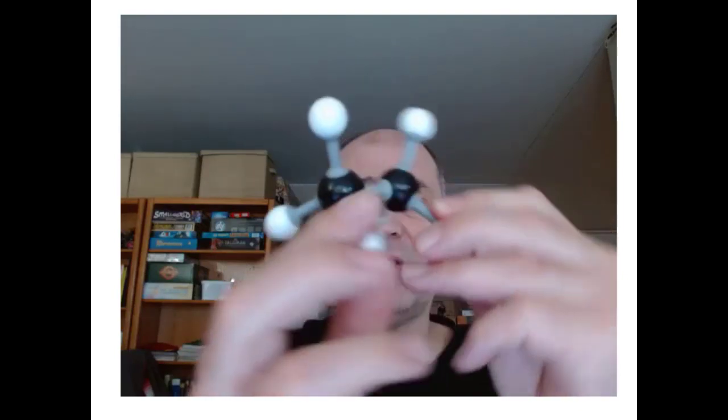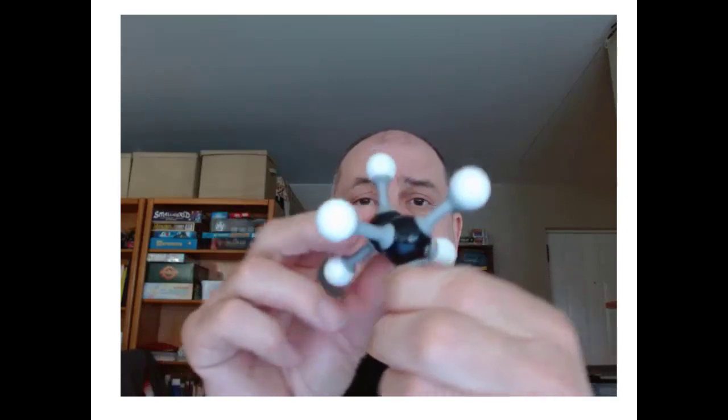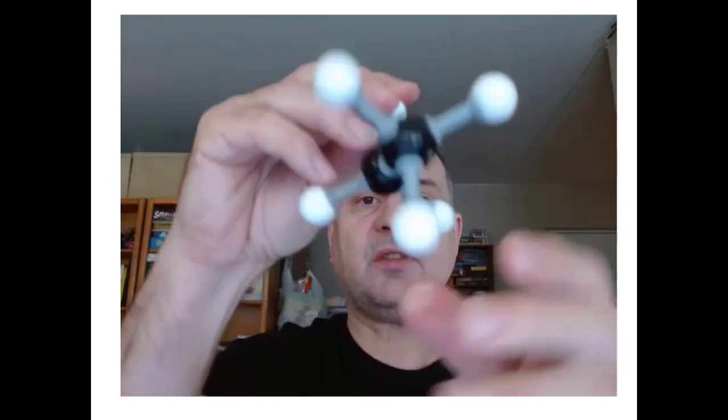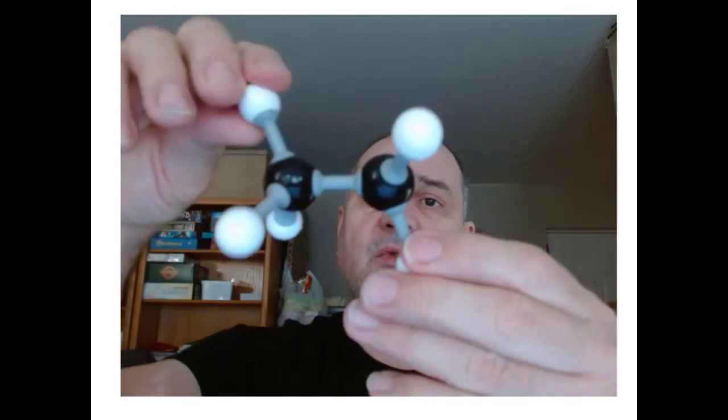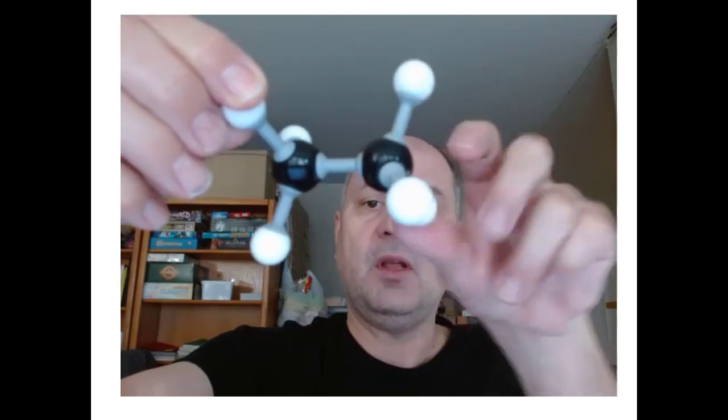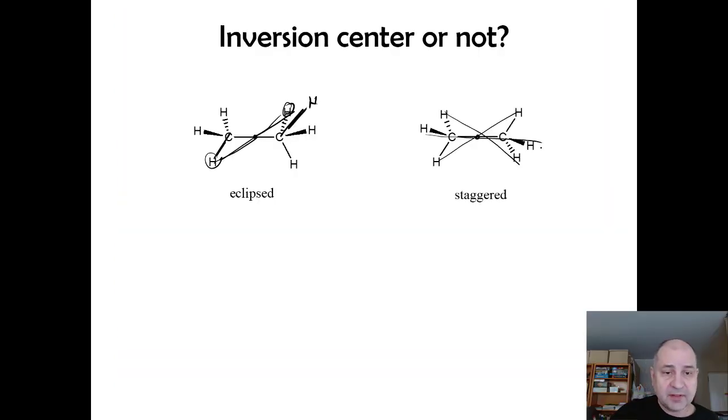So there's no inversion center. And then if you rotate that, of course, by 60 degrees, you end up with the staggered one, and so the staggered one, you do end up sending this through and onto itself, and this happens for all of them. So the eclipsed does not have an inversion center, but the staggered one has an inversion center.